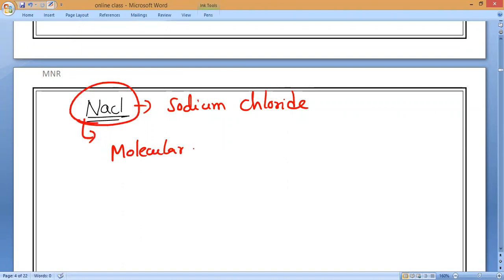Ionic compound means we should not say molecular mass; we say some other name. Formula unit mass. Very good.